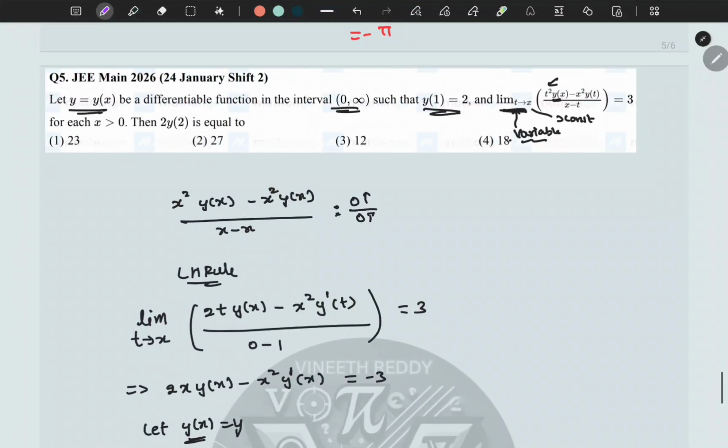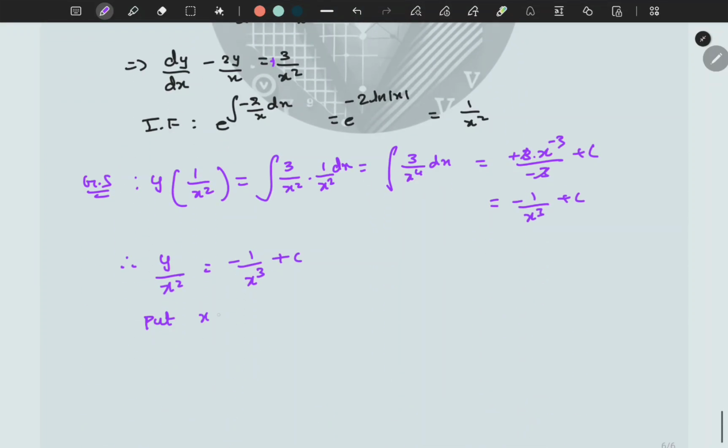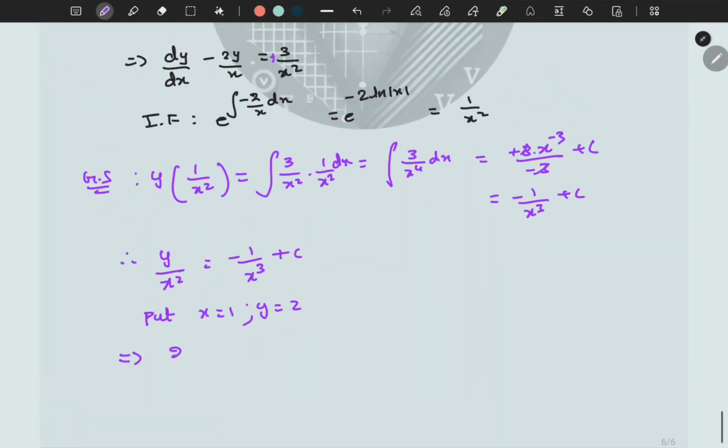Now we need to find the value of c. First we replace x with 1, then y will be 2, right? So put x = 1 and y = 2. We get 2/1 = −1 + c, and therefore c should be equal to 3.